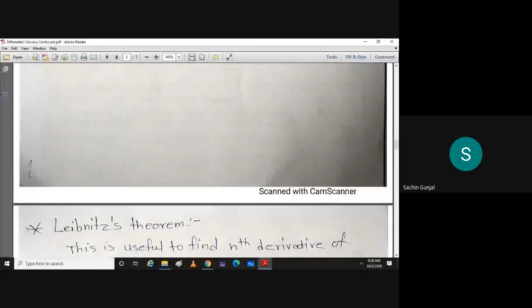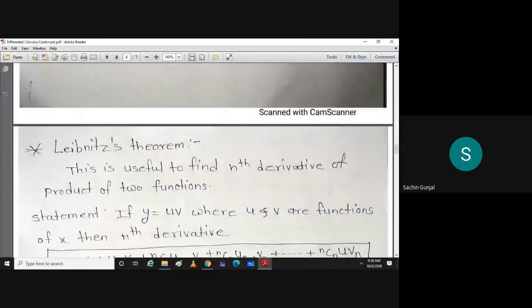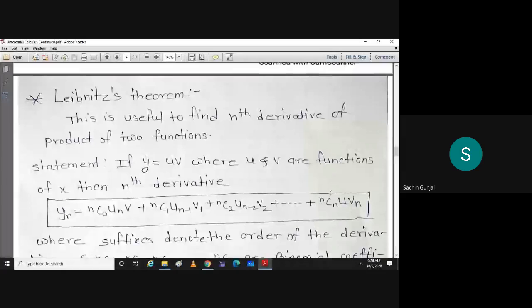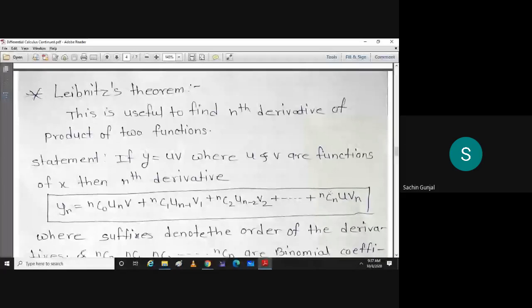Then at the end we started with Leibniz theorem, which is useful to find the nth derivative of a product of two functions. So if y is u into v, then its nth derivative is nC0 unv plus nC1 un minus 1 v1 plus nC2 un minus 2 v2 and so on, nCn uvn, where suffixes denote the order of derivative.